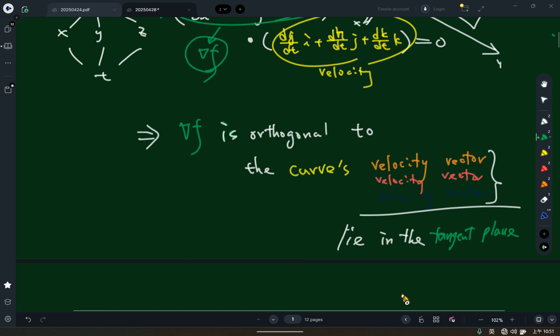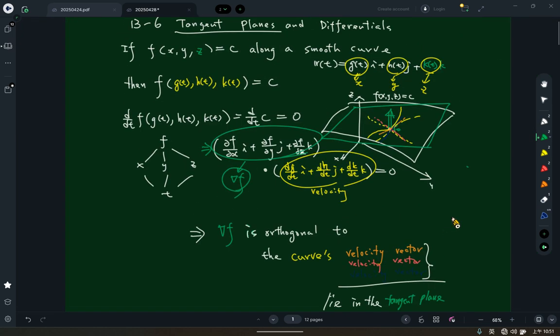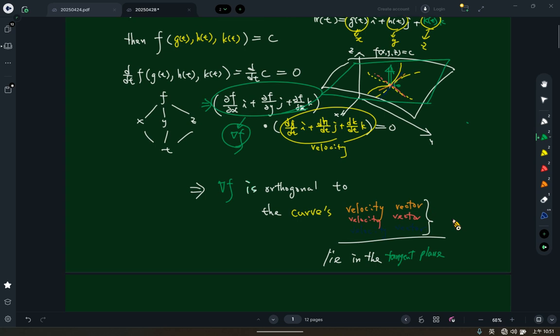Please be careful, I just try to use different colors. The curve may be different and the velocity may be different according to the path, but these velocity vectors will all lie in the tangent plane. That means the green one. Okay, so based on this idea, we can easily get the tangent plane.